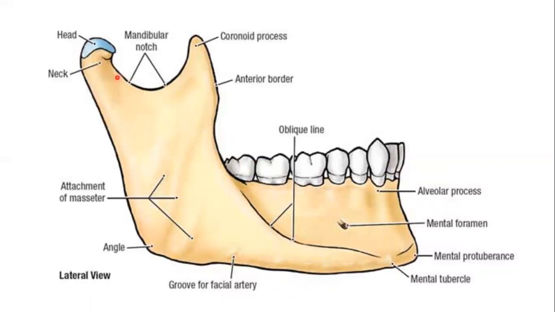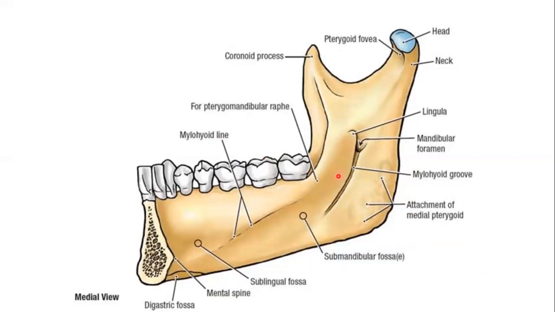So all three salivary glands are associated with the mandible. These are the various aspects of the inner view of the body. This is the digastric fossa. The base at its anterior end has a fossa near the midline.